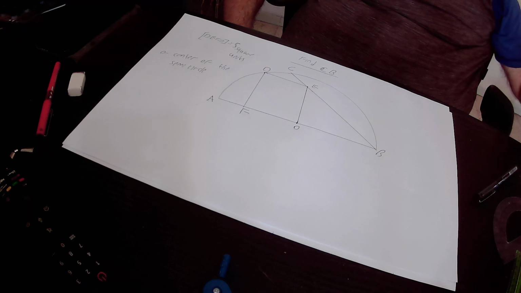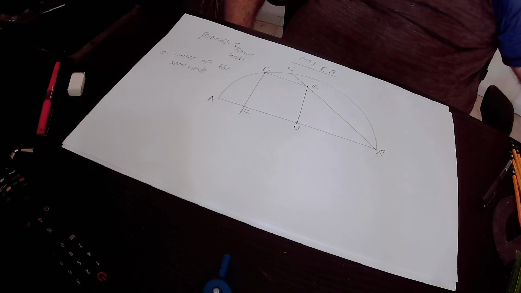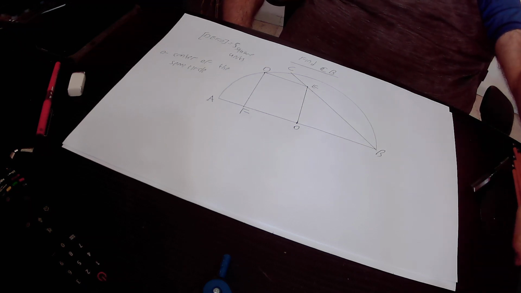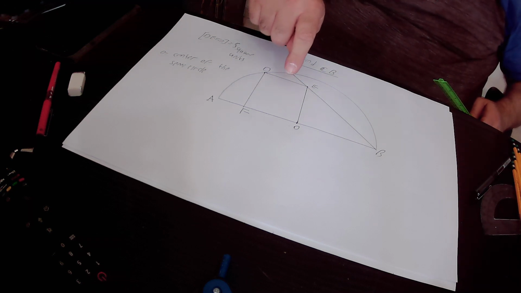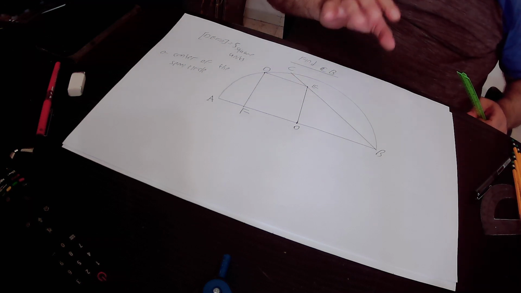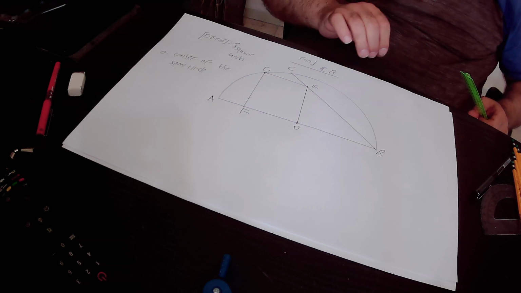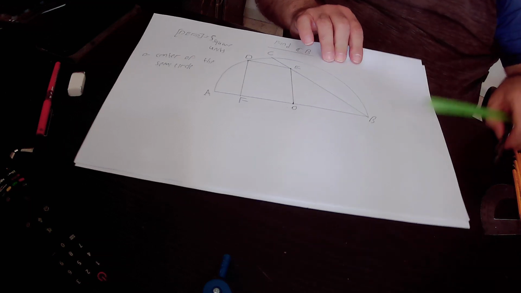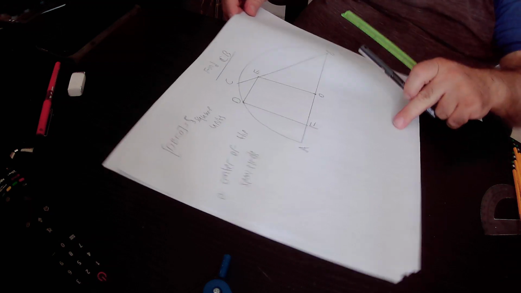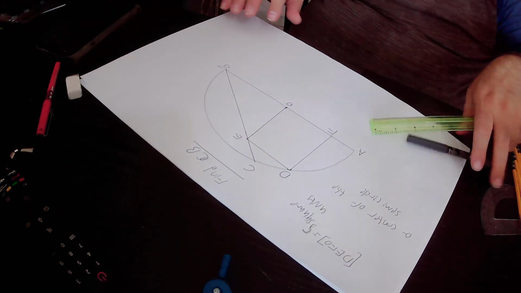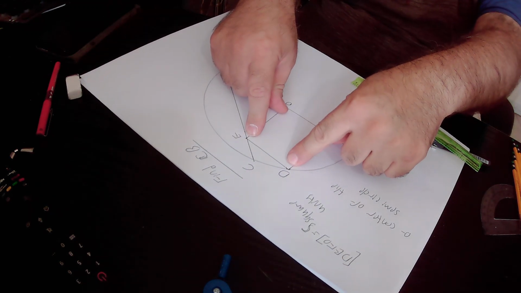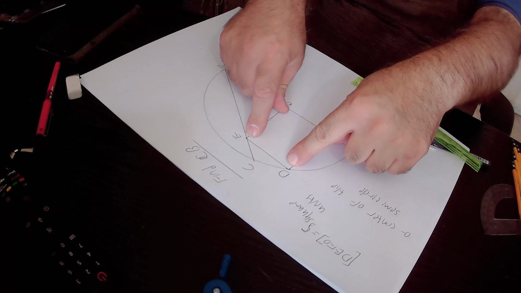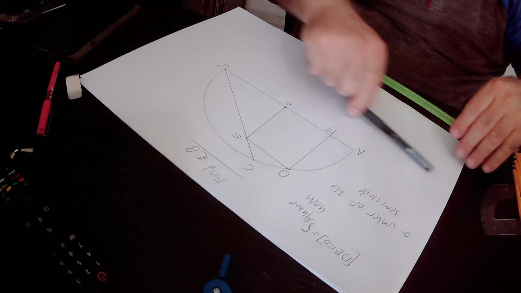So first of all, because of the fact that DEFO is a square, we know that all the angles inside the square are right angles. Therefore, those four angles that are inside the square are all right angles. So I write it down.